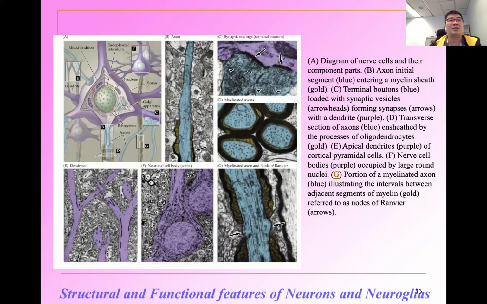Now, the neurons mainly use glucose as the major energy source. If you still remember the biochemistry, what else apart from glucose can be used? Lipids, yes, but lipids have to be used in a special way.